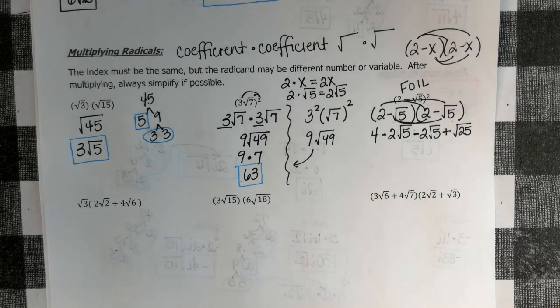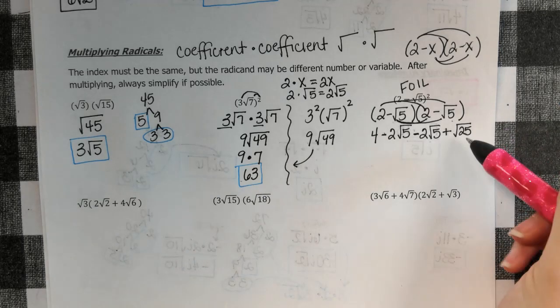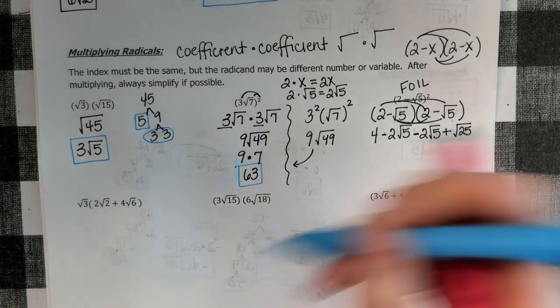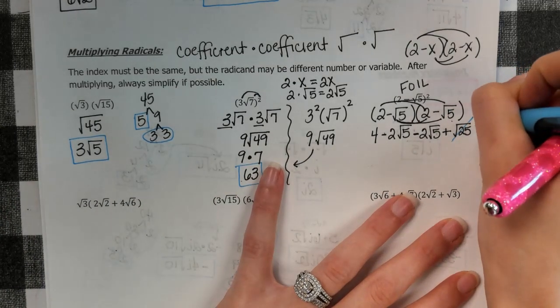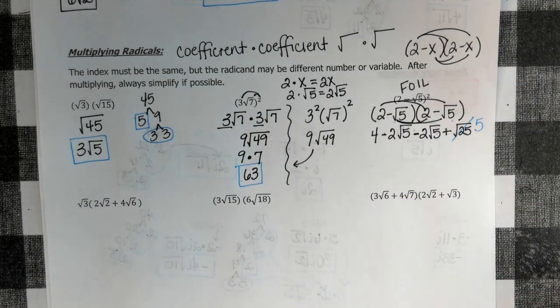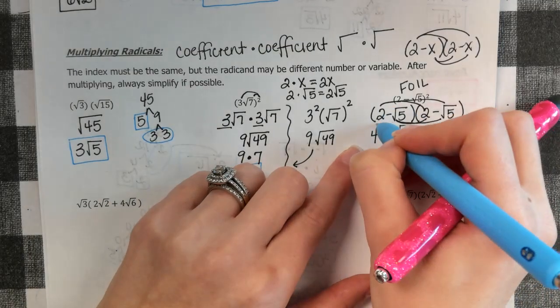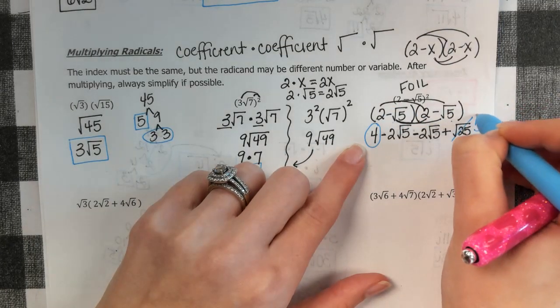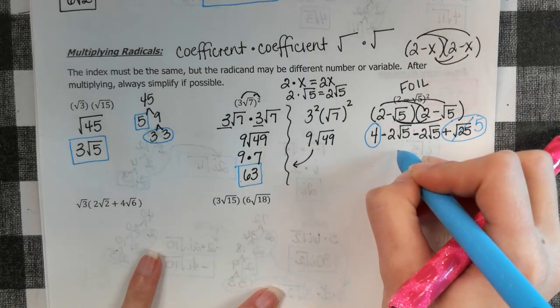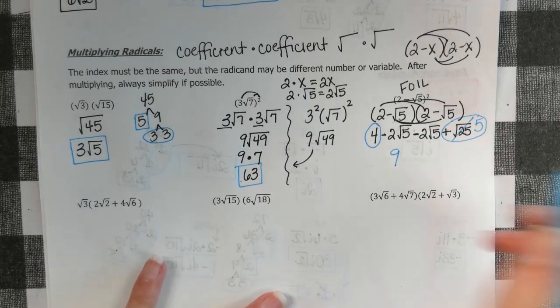So as you work it, if you catch that the square root of anything times itself is really just the number under the radical, you can do that, okay? But for right now, if you need to say square root of 25, then that's fine too. But we know the square root of 25 simplifies to 5. So now I need to simplify it. I take my like terms, 4 plus 5, and that gives me 9.